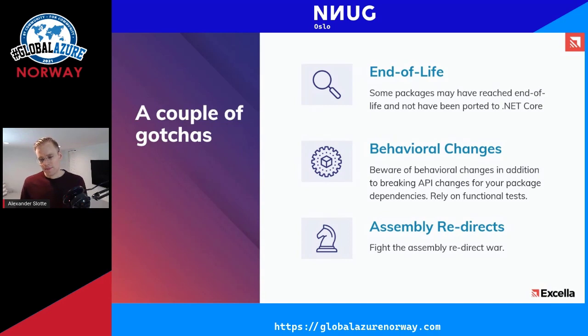You will have to fight this, and it's tough, but it's okay. You can definitely get over it, and the way of doing that, of course, is adding redirects into your web config. And you can also try automatic redirects. We tried it. It did not work for us, but I know it worked for some people.